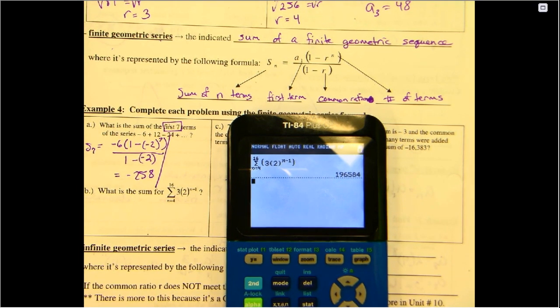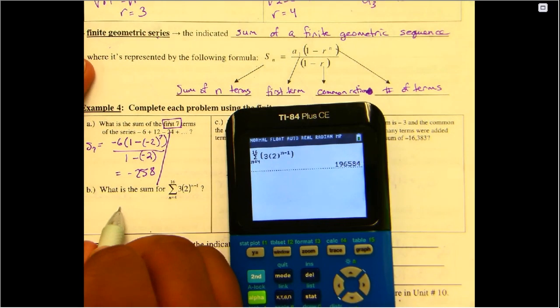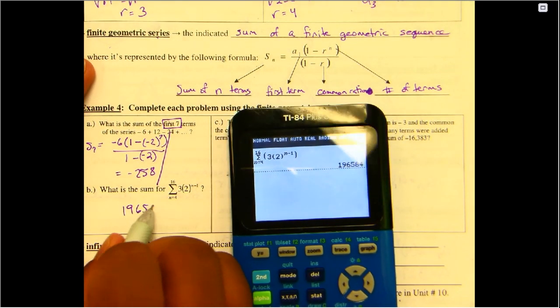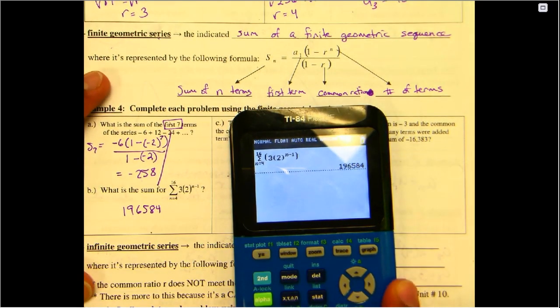And we can put those in the calculator. My calculator is still in sequence mode.